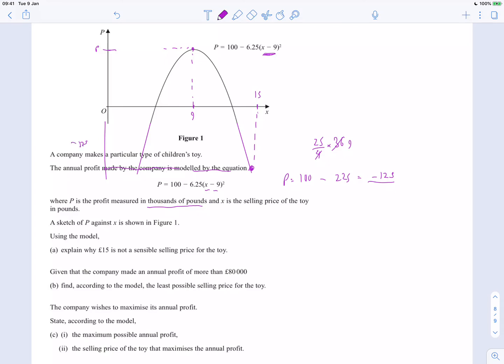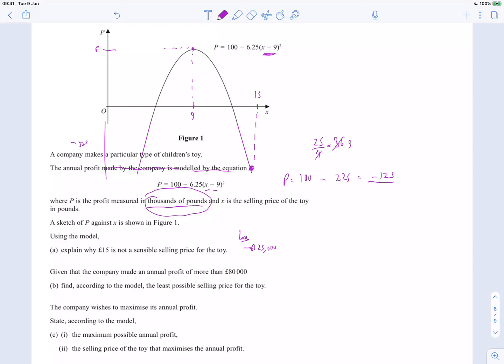And that would be disastrous, because a profit of minus £125,000 means you're essentially losing £125,000. The model is predicting you're losing £125,000 by doing that.